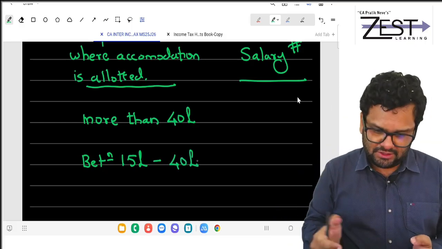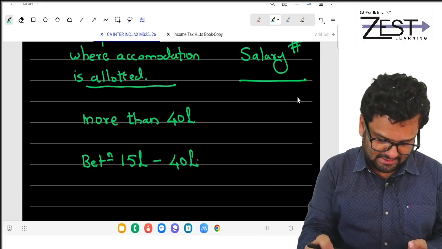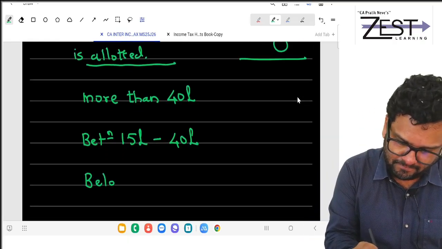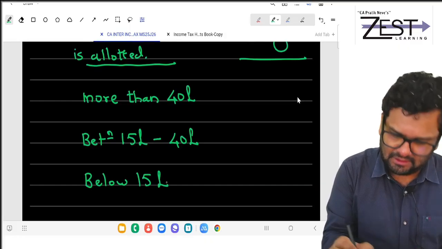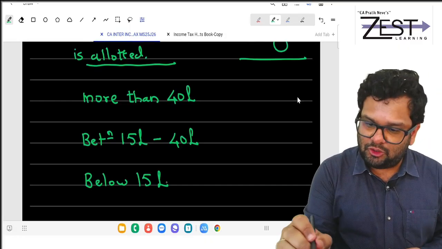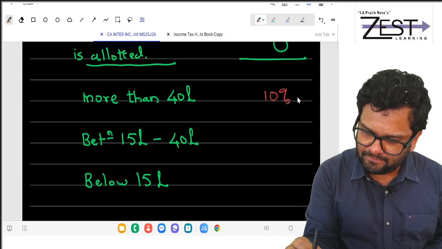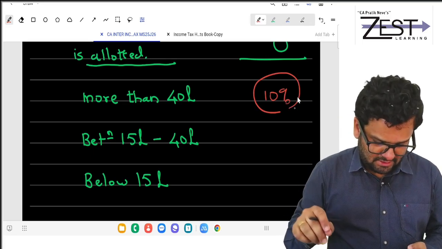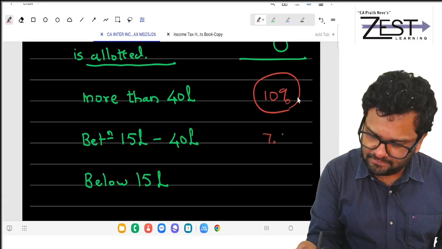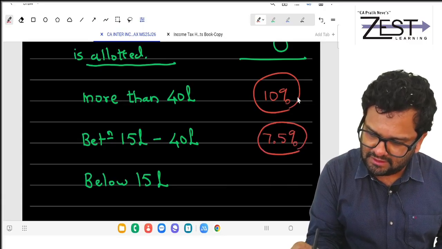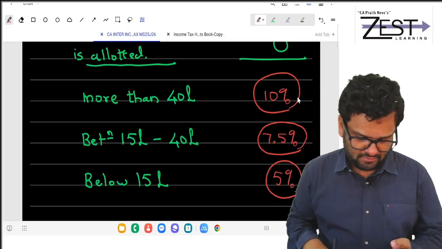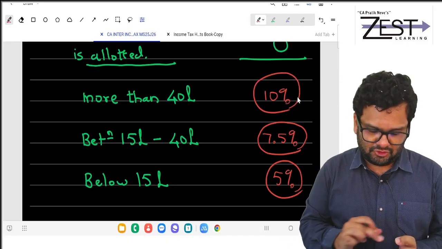And lastly, population is below 15 lakhs, meaning other cases. Valuation is 10%, then 7.5%, and finally 5%. This is every percentage of what? Salary. First to follow this, okay?